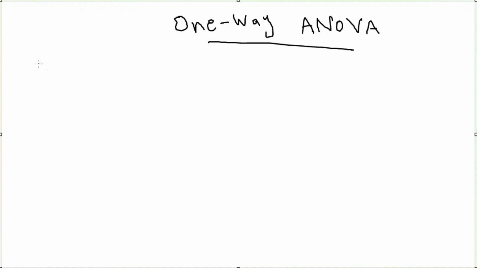One-way ANOVA is some statistical method or statistical technique. You may understand it as calculations, some mathematical, statistical calculations.